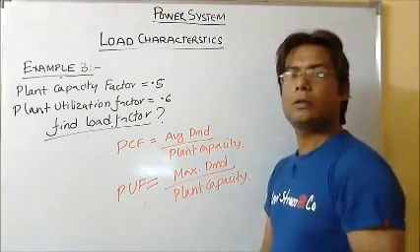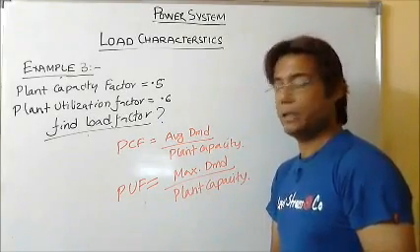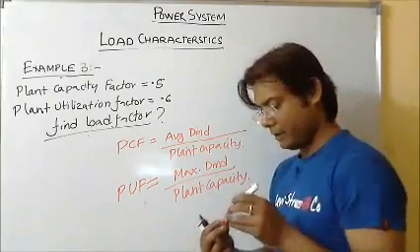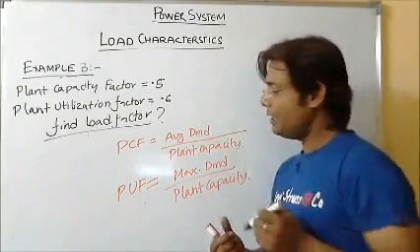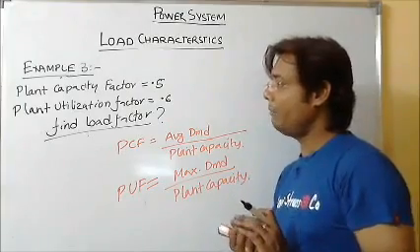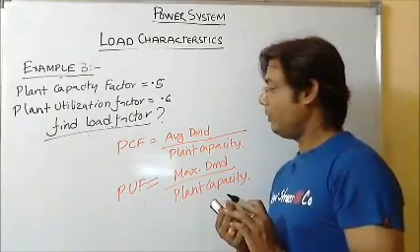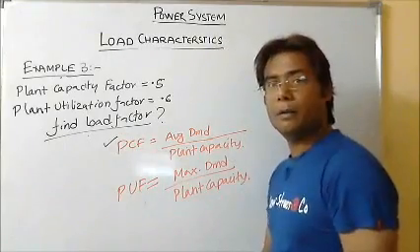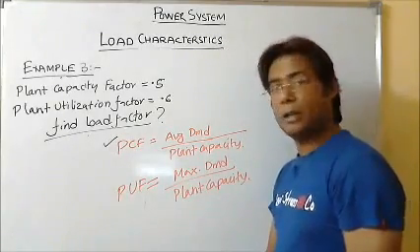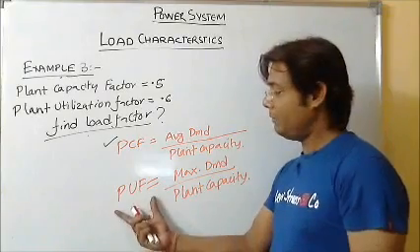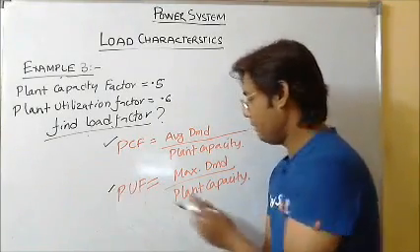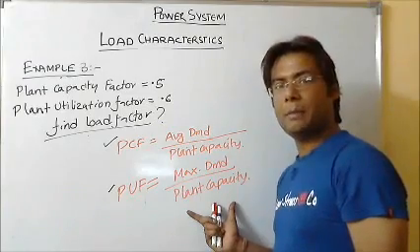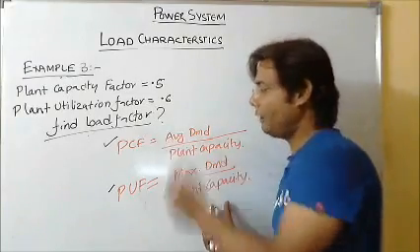The rated system capacity and the plant capacity are one and the same thing. So in this question we have to find the load factor. The plant capacity factor is equal to average demand upon the rated system capacity, and the plant utilization factor is equal to the maximum demand upon the rated system capacity. So how to find the load factor from this?